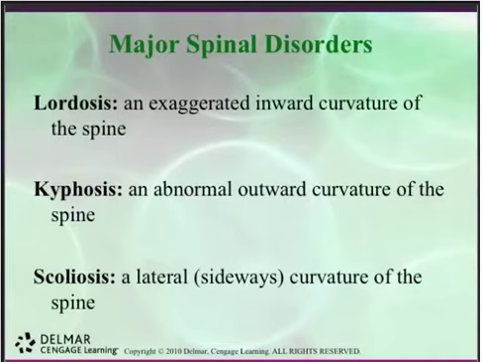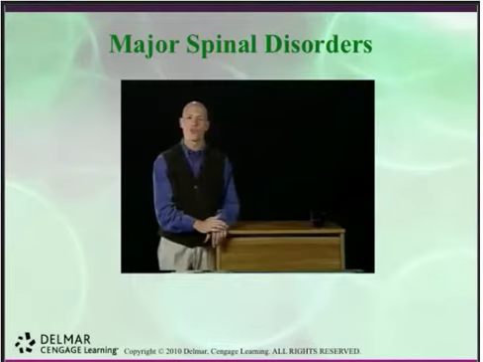The reason for this is the lack of estrogen. It leads to a thinning of the bone, and because the weight is disproportionately on the anterior aspect, the spine will tend to slump forward. The age and gender group most likely to develop scoliosis is teenage women. So let's take a look at major spinal disorders.